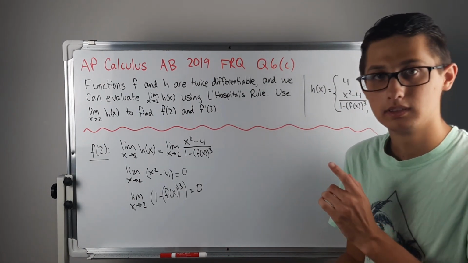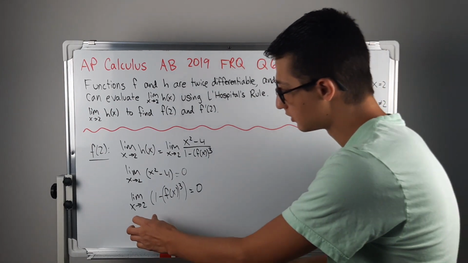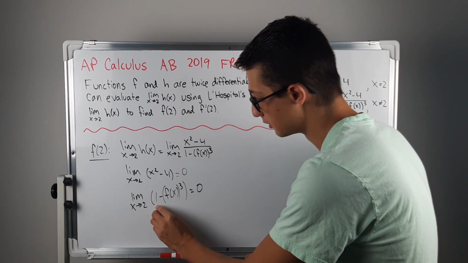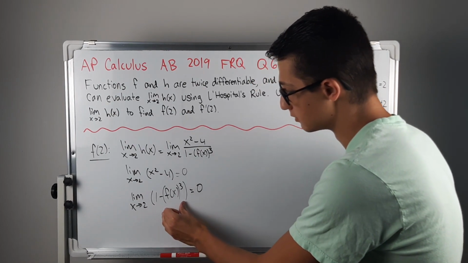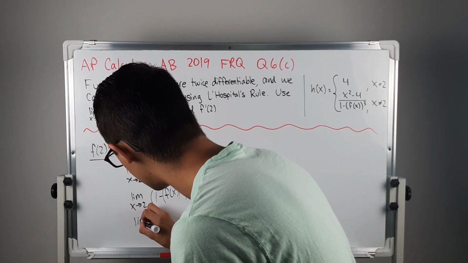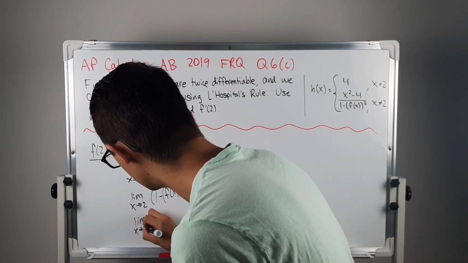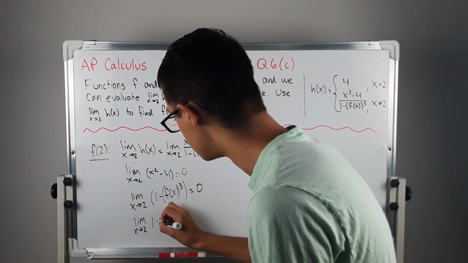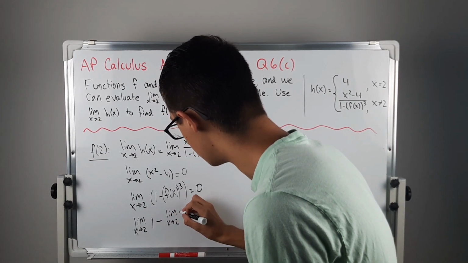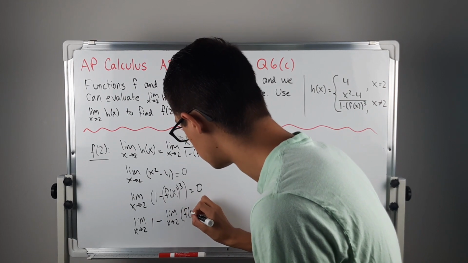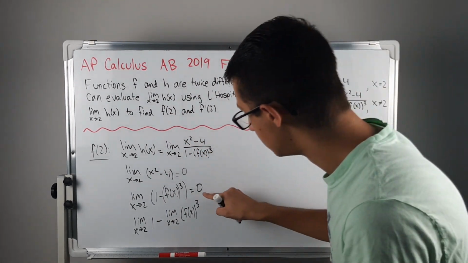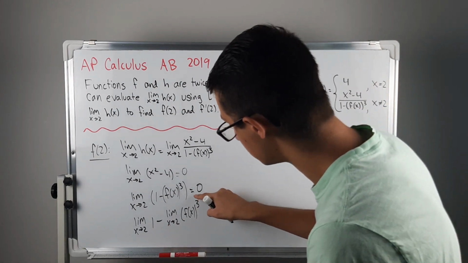If you remember your limit properties, we can separate this into the limit of 1 minus the limit of f of x cubed. So here we take the limit as x approaches 2 of 1 minus the limit as x approaches 2 of f of x cubed.